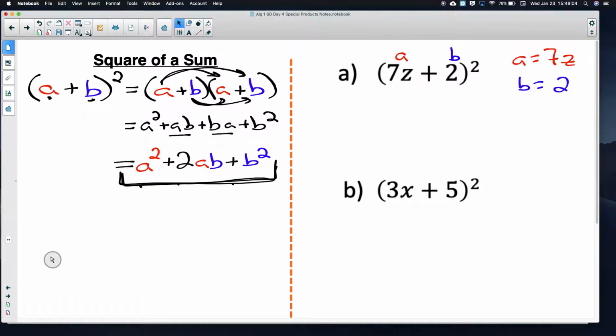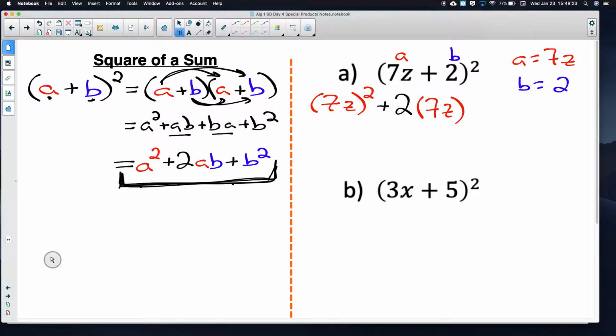So I'm going to take 7z and square it. And then, following this pattern, I'm going to add 2 times A, which is 7z, times B, which is 2. And then last but not least, I'm going to add 2 squared.